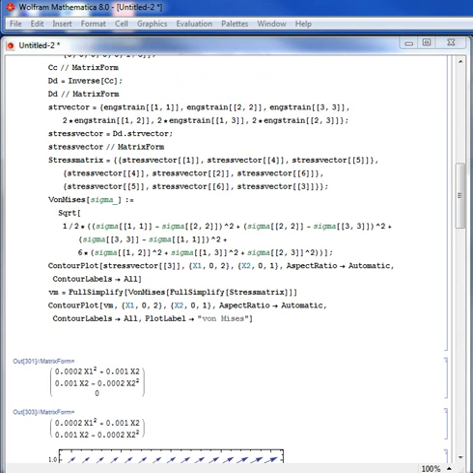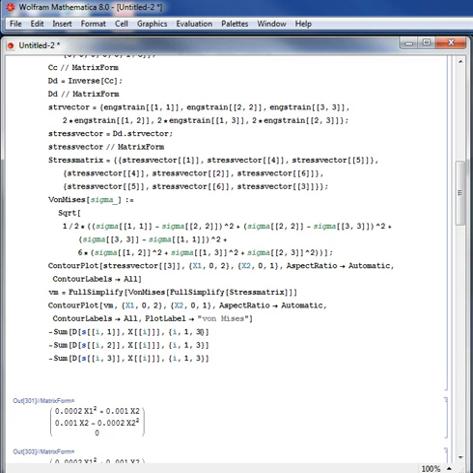To calculate the equilibrium body forces, I need to take the derivatives of the different stress components with respect to x1 and x2 and x3. So this is the stress matrix.